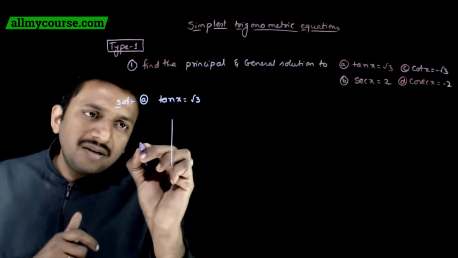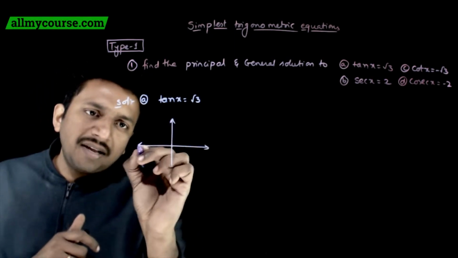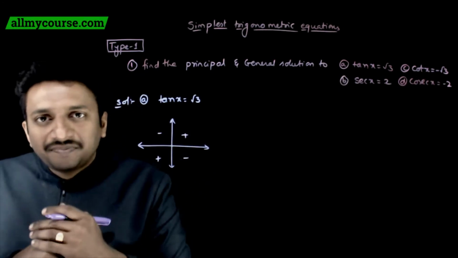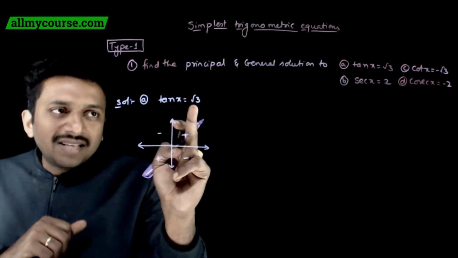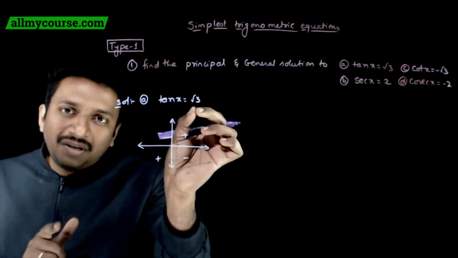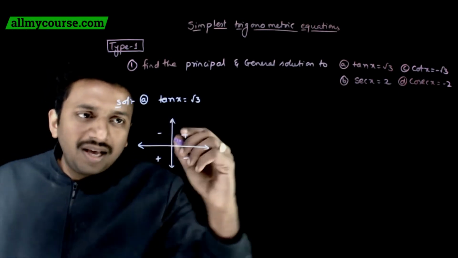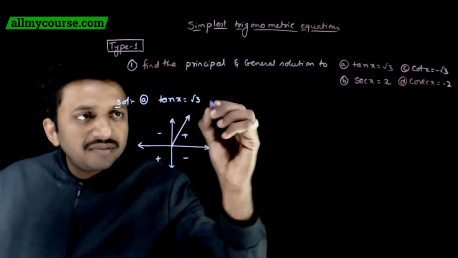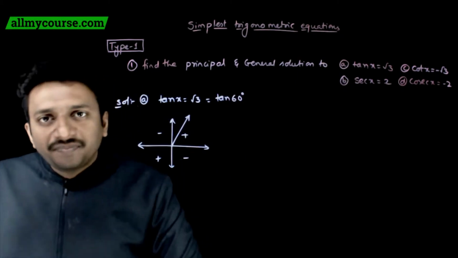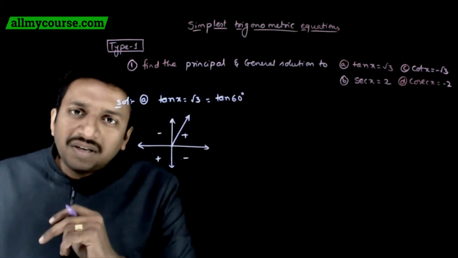So the quadrant diagram for tan is plus, minus, minus, plus. So if you have tan x as a positive number, you always get some angle corresponding to this number in the first quadrant, right? So root 3 corresponds to 60 degrees. So root 3 can be written as tan of 60 degrees. So tan x is equal to tan 60.